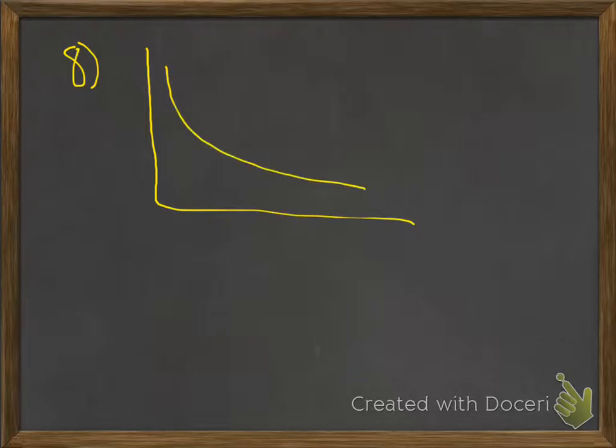Number 8 says, if time x is given in terms of number of days, what happens to the amount of Sneeze Be Gone in the patient's bloodstream at the start of day 2 when the patient starts the second pill? How does this affect the graph? Let's talk about 8 and 9. If you've got your medicine graph, at the end of day 1, beginning of day 2, what's going to happen?